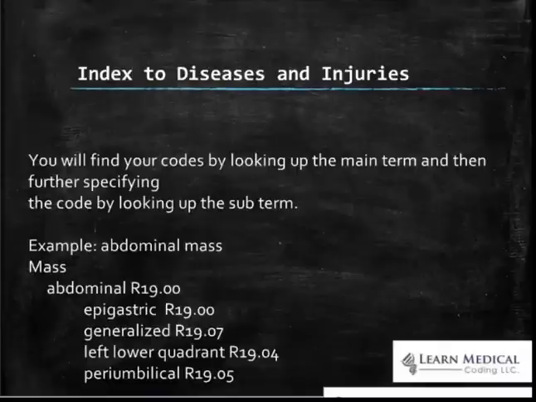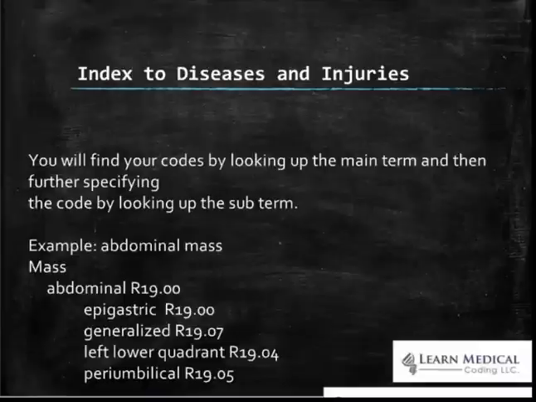Like this example that's on the screen. The complication is the fact that this patient has a mass in the abdomen, okay? The location is the abdominal area. So the main term would be mass, and the subterm would be abdominal, okay? Now this particular code further specifies the specific location within the abdomen where the mass is found.